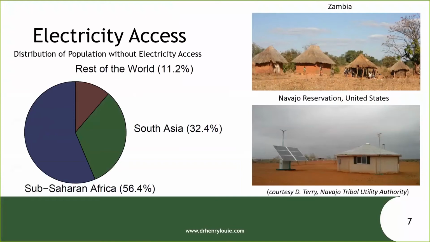There's about 600 million people in sub-Saharan Africa that lack access to electricity. But we shouldn't forget that even in countries like the United States, there are pockets of people that don't have access to electricity. In the United States, this is primarily in our reservations where they have to rely on off-grid solutions. They're not connected to the grid in any way.